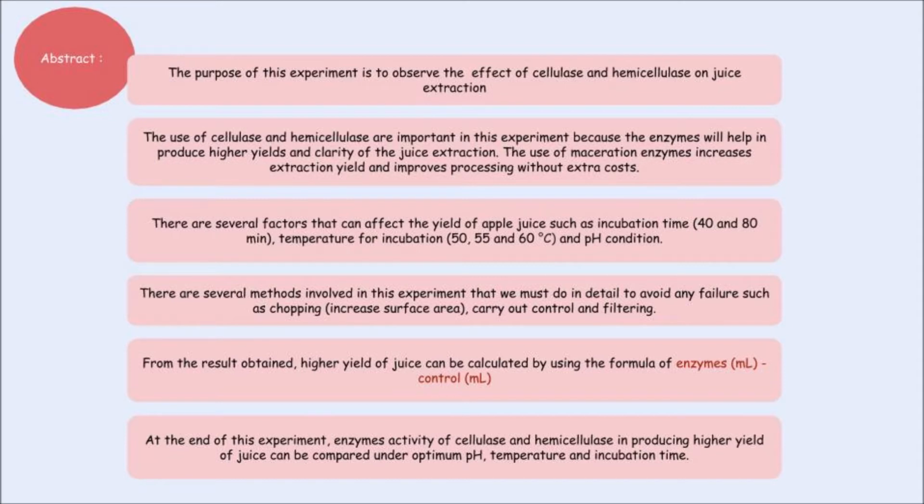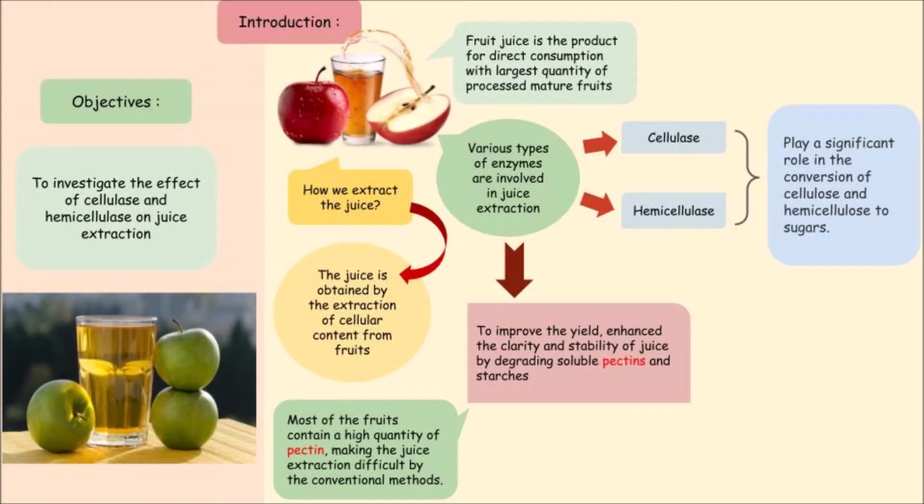For the result, the higher yield of juice can be calculated using the formula of enzyme minus the control. So, at the end of this experiment, the enzyme activity of cellulase and hemicellulase in producing a higher yield of juice can be compared under optimum pH, temperature, and incubation time.